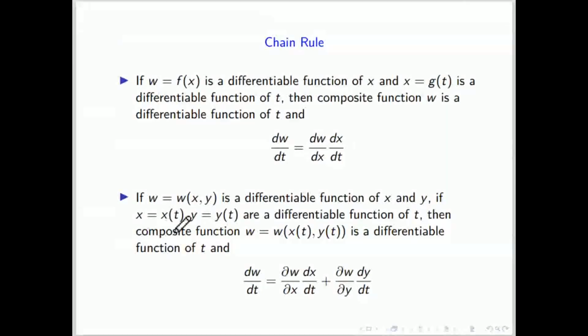So here w is a function of a single variable and that is t. So what the chain rule says is that we can do the same differentiation by putting x equal to a function of t, y equal to also a function of t. So w will become a function of t and we can differentiate with respect to t.